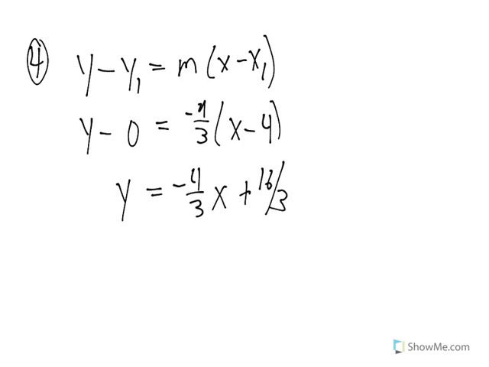Alright, so now that we have this in y equals mx plus b, or slope-intercept form, this is pretty easy to graph. If we had a nice graph here, I'll go up by 2s. So 2, 4, 6, 8, 10, 12, 14, 16. And we'll do the same thing in the x's here.